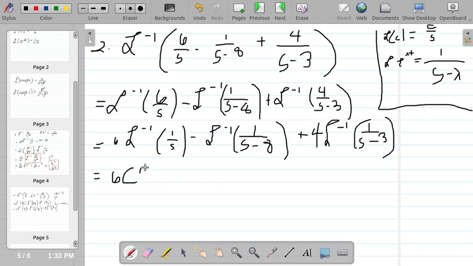So, 6 times 1, minus the inverse Laplace of 1 over s minus 8, which is e raised to the power of lambda t, where lambda is 8. So, e raised to the power of 8t.